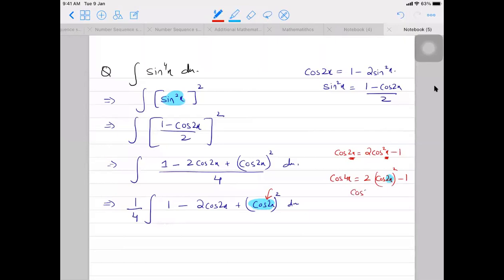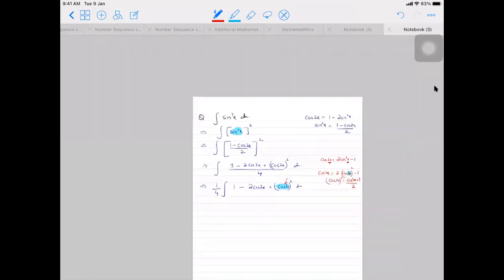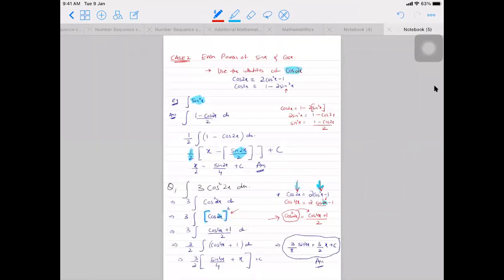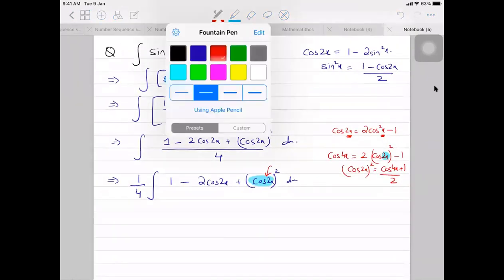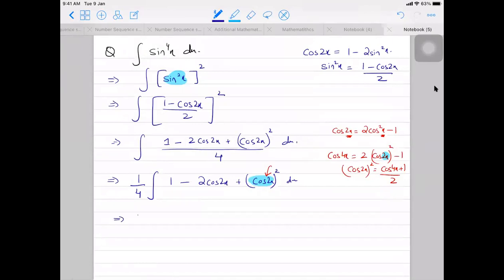So cos 2x the whole thing squared is going to be cos 4x plus 1 upon 2, like we just did in the previous question. Okay? Okay. So before integrating, I'm going to replace this with cos 4x plus 1 upon 2.